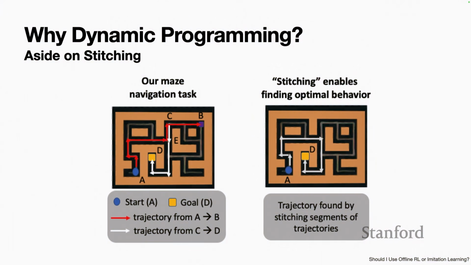And if we look at this maze environment on the left-hand side, you can kind of see an example of why this might be powerful. So let's say that we've collected through our policy 2 different trajectories, one that goes from A to B and another that goes from C to D. Through this one step of dynamic programming, what you'll see is that you can actually find the optimal path from A to D because of the fact that at every step, you're looking one step before it, and you can kind of stitch these trajectories together to form what the optimal path would be to the goal.